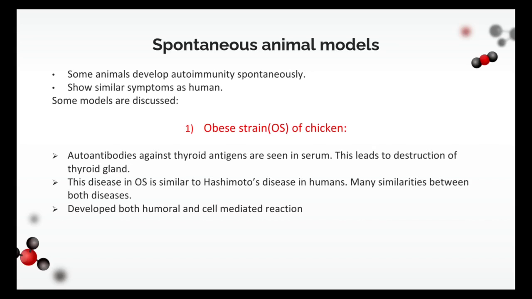The autoantibodies formed first cause inflammation of the thyroid. Because of inflammation, there is some leakage of excess thyroid hormone. This leads to hyperthyroidism. But after some time, because of the inflammation, the thyroid gland is unable to produce any hormone. Please notice we move from inflammation to hyperthyroidism to hypothyroidism.